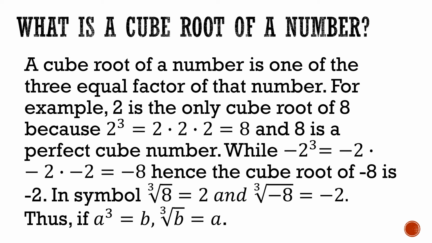And 8 is a perfect cube number, while negative 2 cubed is equal to negative 2 times negative 2 times negative 2, which is equal to negative 8, hence the cube root of negative 8 is negative 2. In symbols, the cube root of 8 is equal to 2, and the cube root of negative 8 is equal to negative 2. Thus, if a cubed is equal to b, then the cube root of b is equal to a.